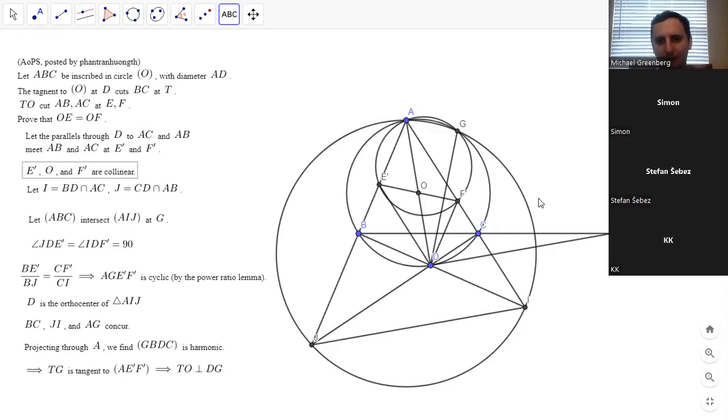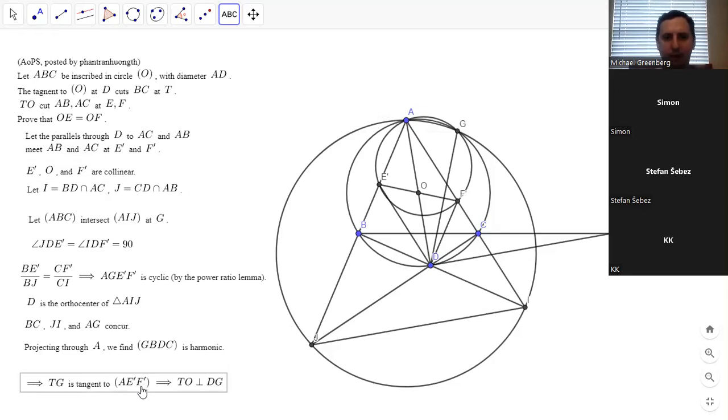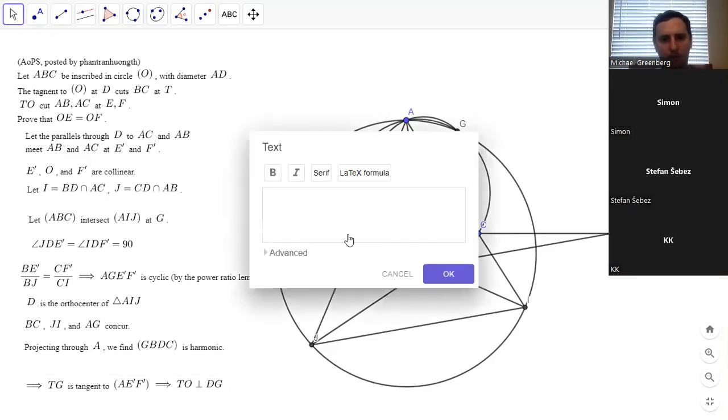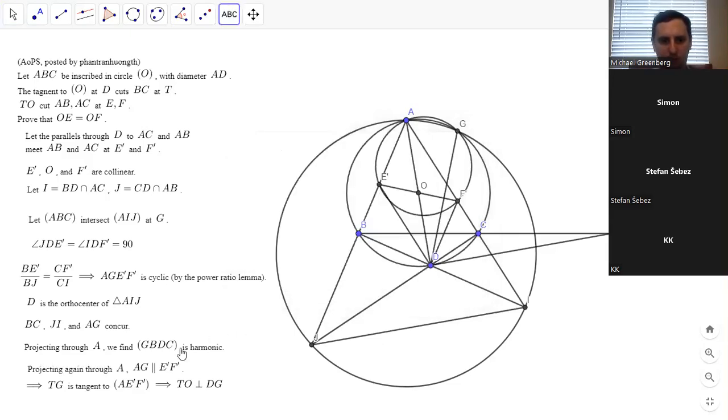Because once we know that this is harmonic, projecting through A, we find that AG is parallel to E prime F prime. So basically projecting again through A, we have AG is parallel to E prime F prime.